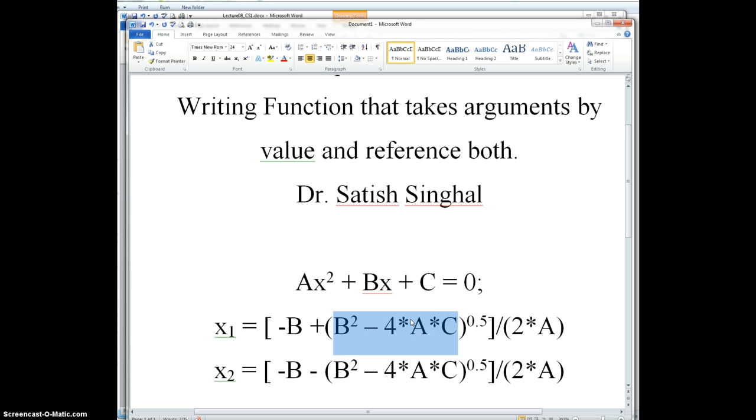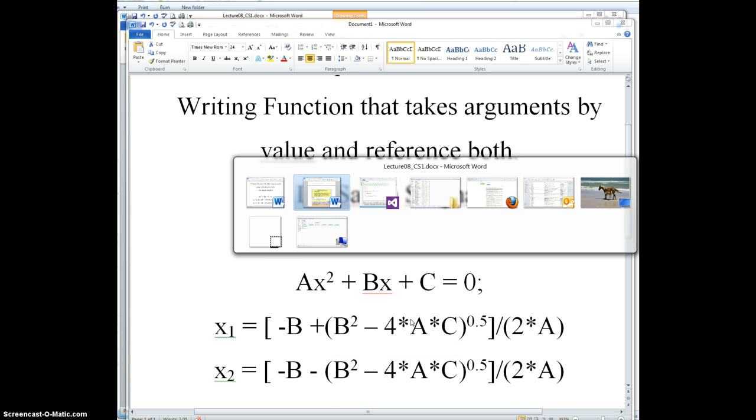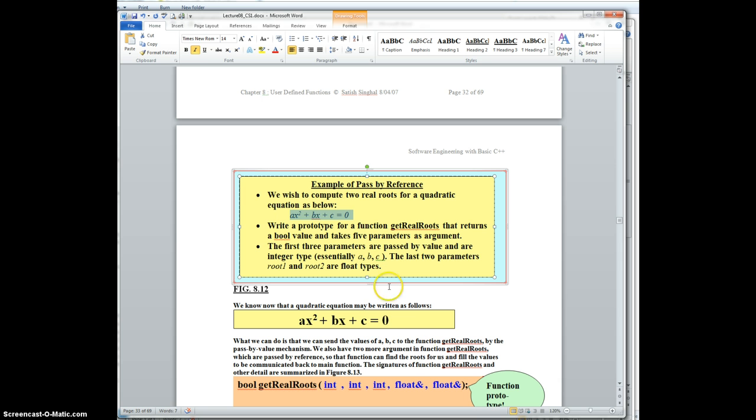Okay, so let's go back to the Microsoft Word document where we have the details. The quadratic equation is shown like this. We are required to write the prototype and the definition for a function, get real roots, that returns a Boolean value of true if there are real roots and false if there is an imaginary root.